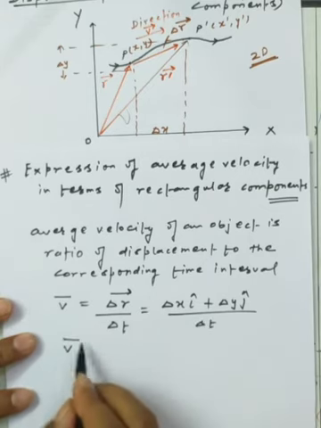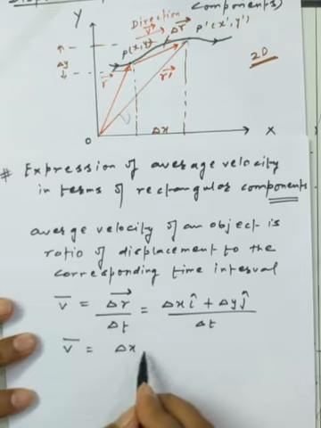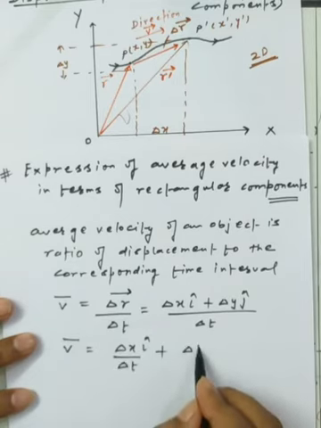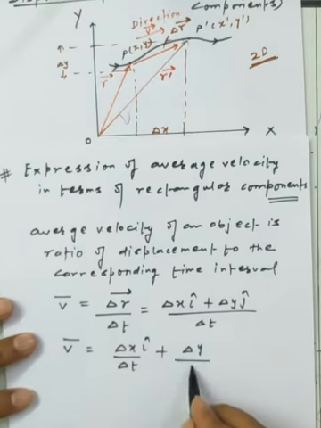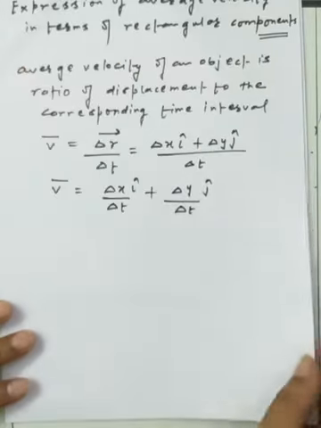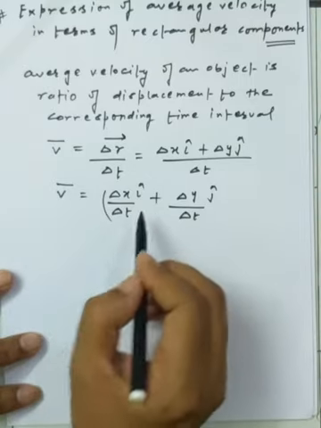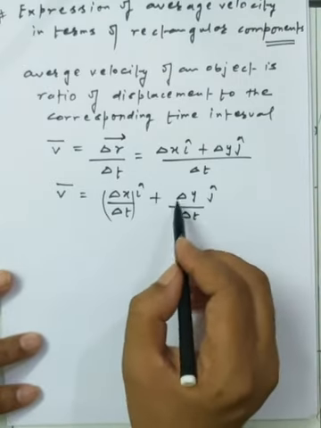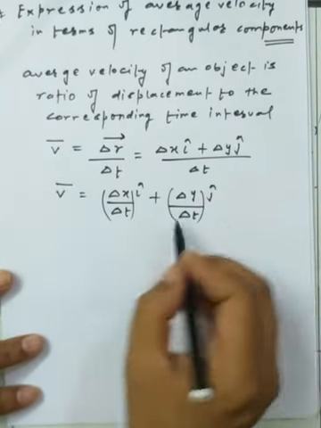Further, we split this into two terms: delta x upon delta t i cap plus delta y upon delta t j cap. In terms of rectangular components, this one is the average velocity along the x-axis and this is the average velocity along the y-axis.